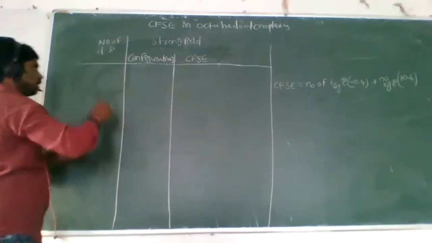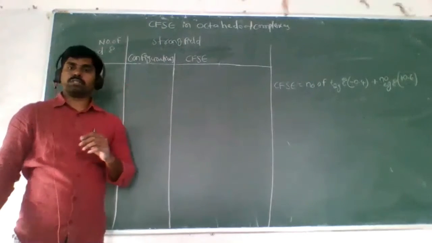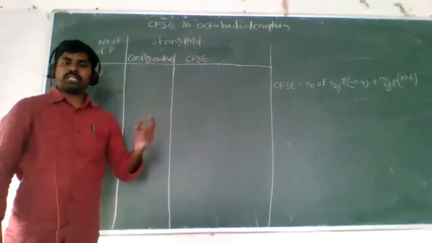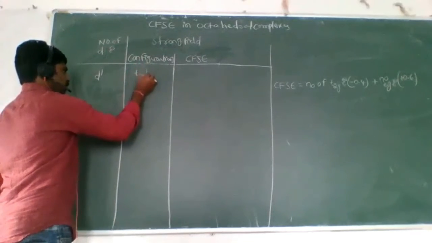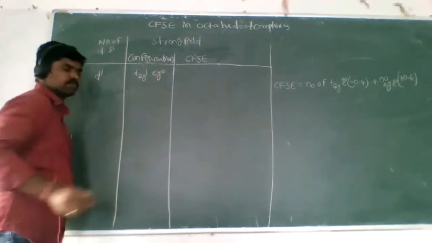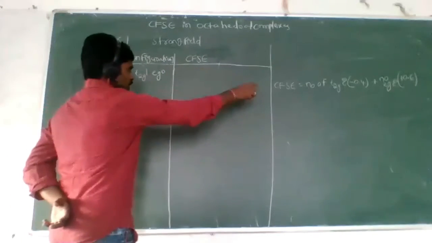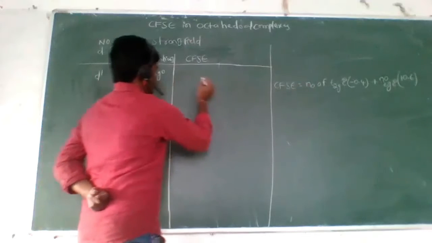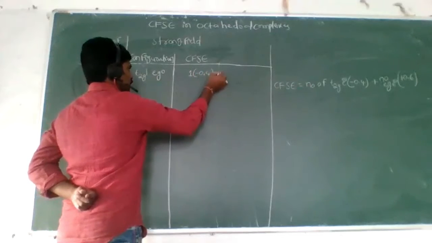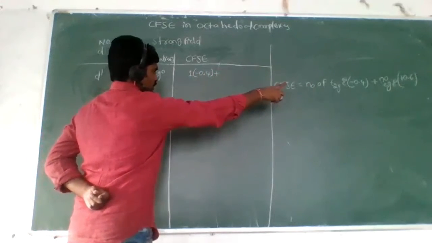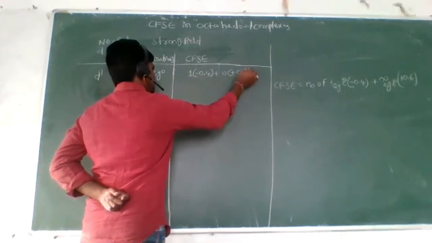For one d electron, how does it fill in a strong field? The electron enters the T2g, so the configuration is T2g1 EG0. Now the formula: number of T2g electrons, 1, times minus 0.4, plus the EG electrons, which is 0, times 0.6.